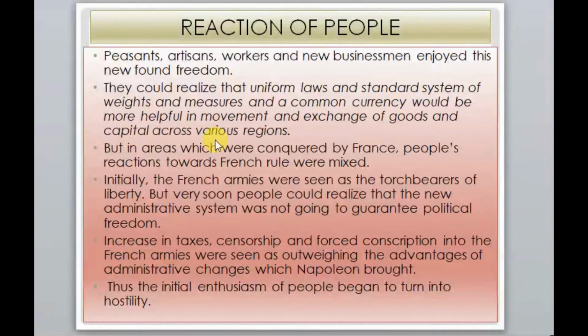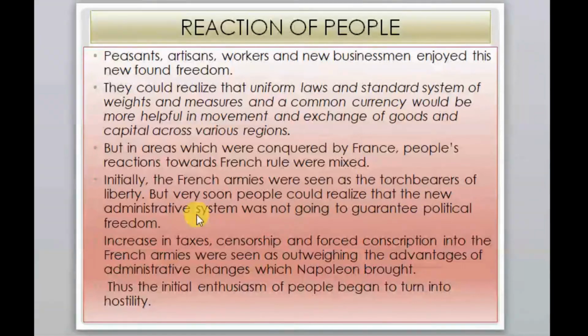But this doesn't mean that all people were happy with these reforms. In areas which were conquered by the French, people's reactions toward French rule were mixed. Initially, in many places such as Holland and Switzerland, the French armies were seen as the torchbearers of liberty, but very soon people realized that the new administrative system was not going to guarantee political freedom.